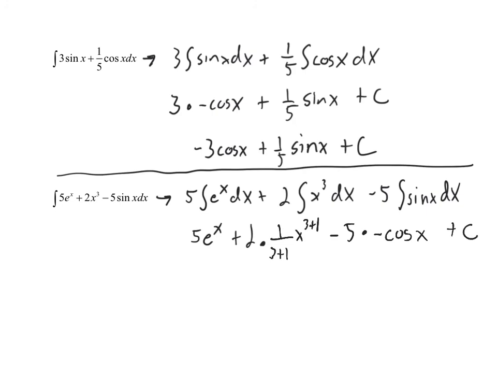We always add a plus c. So just going through and simplifying this, you have 5 e to the x plus 2 times a fourth, which is really just 1/2 x to the fourth. A negative times a negative is positive 5 cosine x plus c.